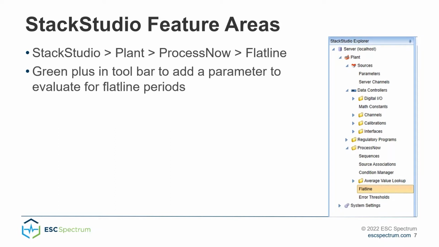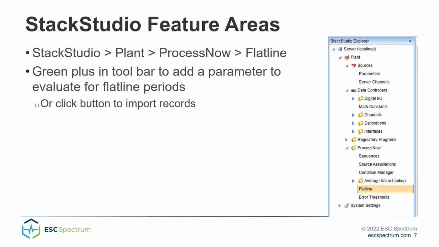You select Flatline, and you'll use the green plus in the toolbar to add a parameter to evaluate for Flatline data periods, which is why in ProcessNow you can just select all parameters. It might increase the runtime just a little bit. You can also just select the parameters that you're going to be adding to this Flatline feature area.